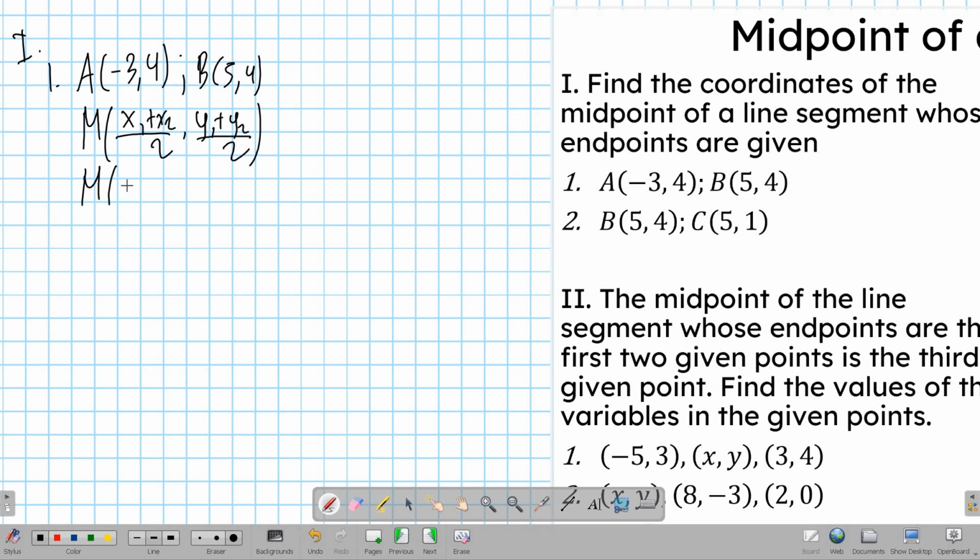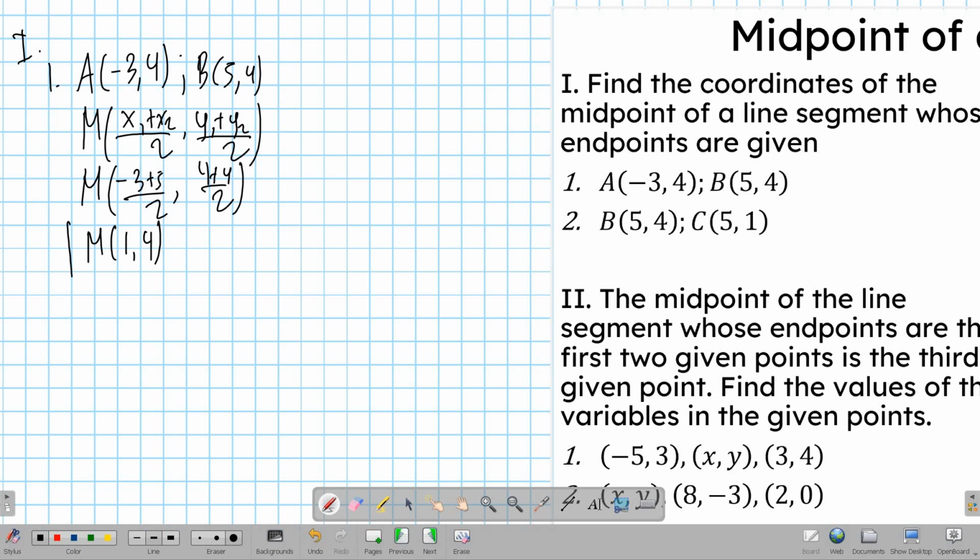So therefore the midpoint M would be negative 3 plus 5 over 2, comma 4 plus 4 over 2. So we're going to have negative 3 plus 5, 2 over 2, and that would be equal to what? Well, for the ordinate, that's 4 plus 4, 8 divided by 2, 4. There you go.